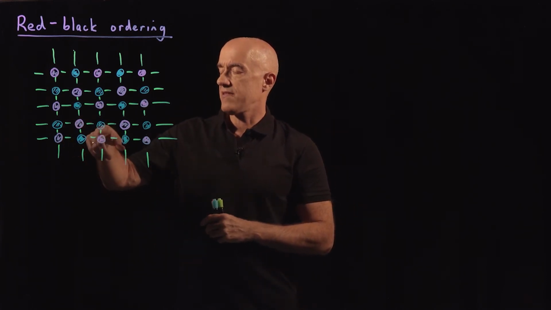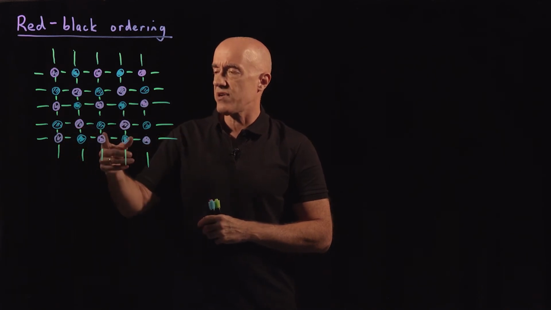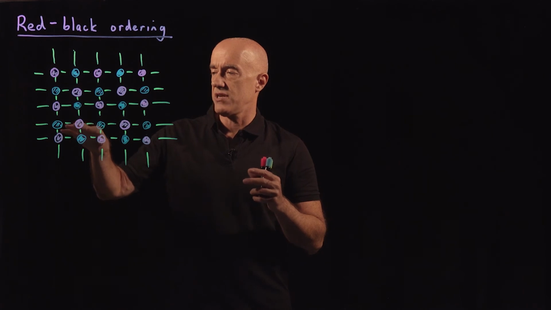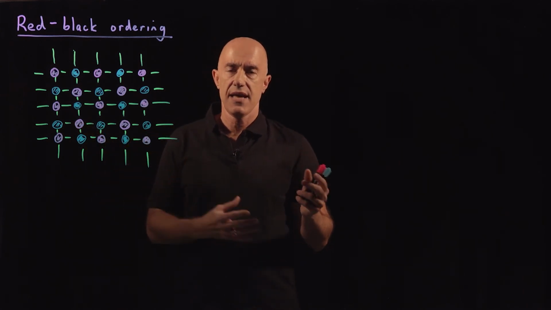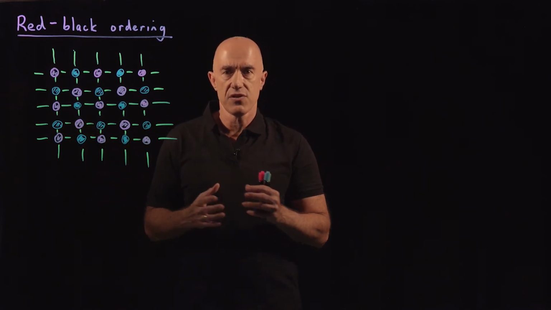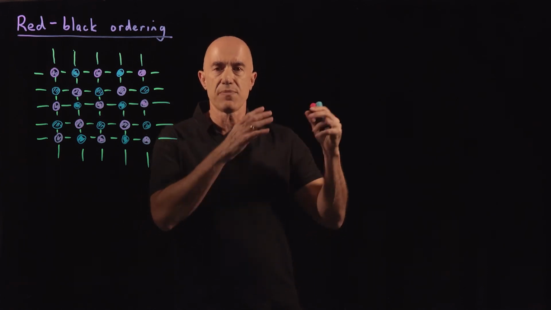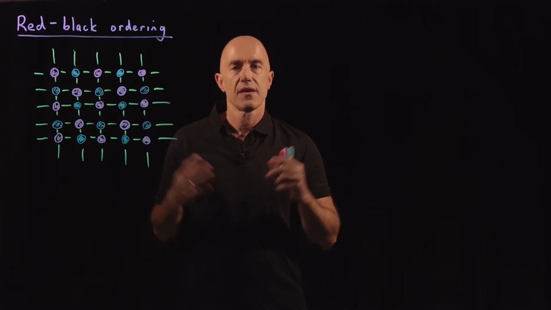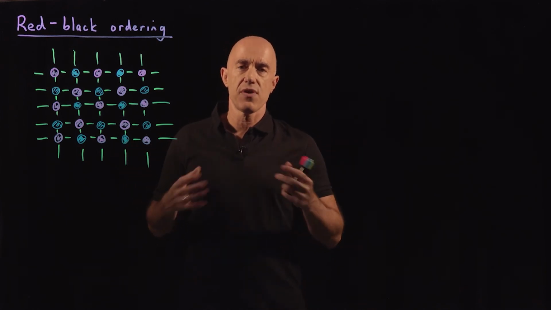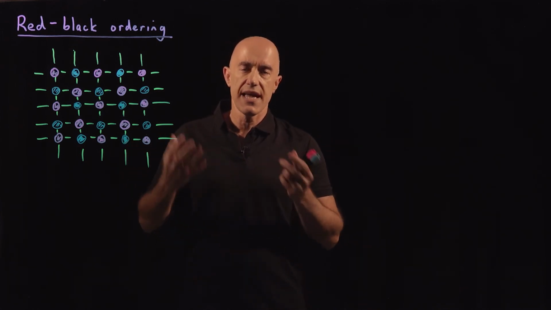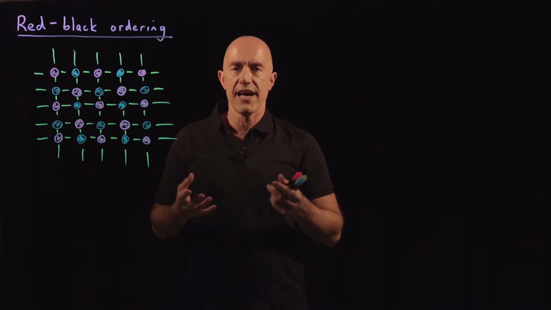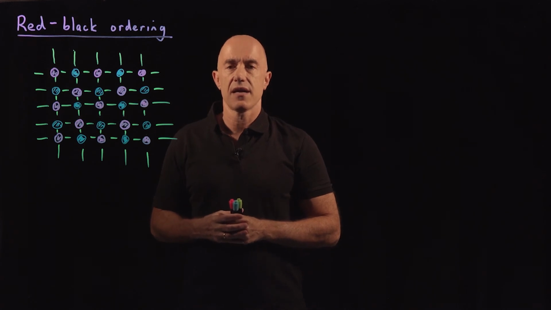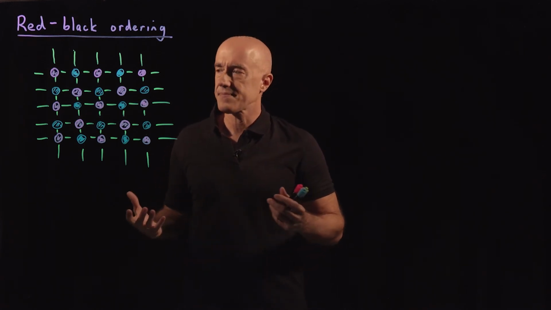Then you update the value of the black grid points, and you're using the value of the function on the red grid points at the previous iteration. So first you update black, then you update red, then you update black, then you update red. If you use that type of iteration scheme, it will tend to converge a bit faster than if you just update everything at each iteration step.